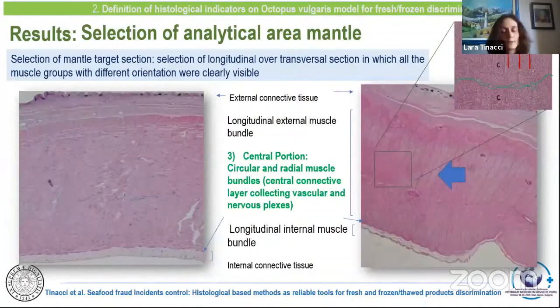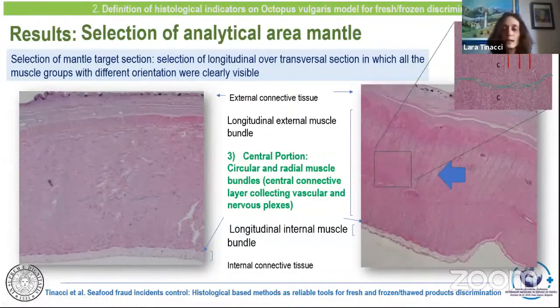Before going ahead with the description, here in this slide, I put a quick description of the microanatomy of the mantle in the transversal section on the left, and on the right in the longitudinal section of the mantle.